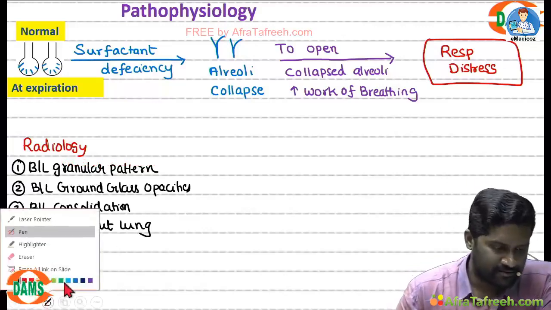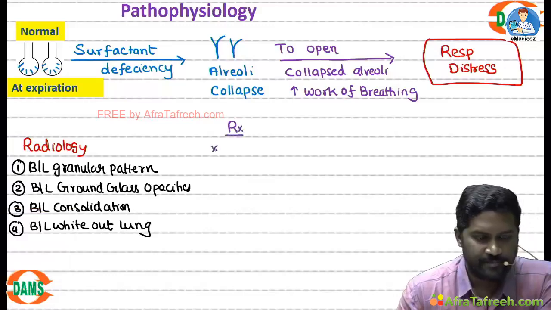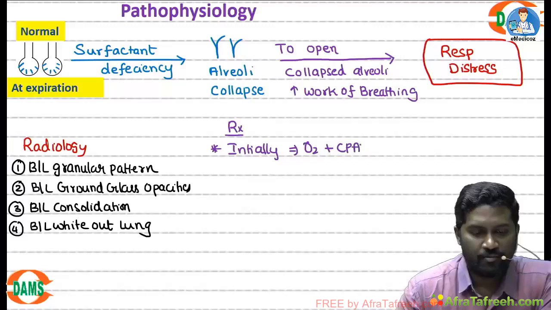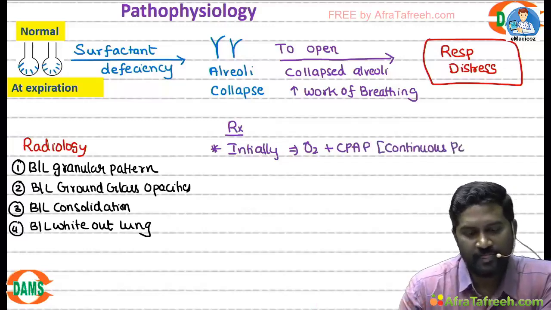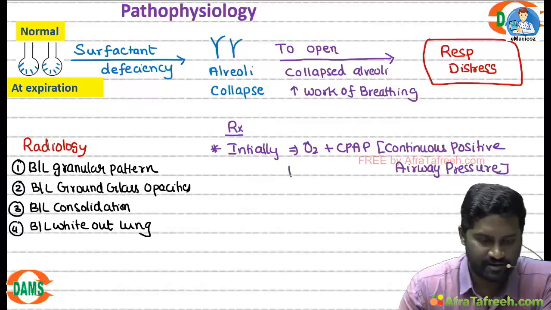Now coming to the treatment part. So initially the treatment will be oxygen plus CPAP. What is meant by CPAP? It is continuous positive airway pressure. How CPAP works, I will let you know in detail when I discuss obstructive sleep apnea.